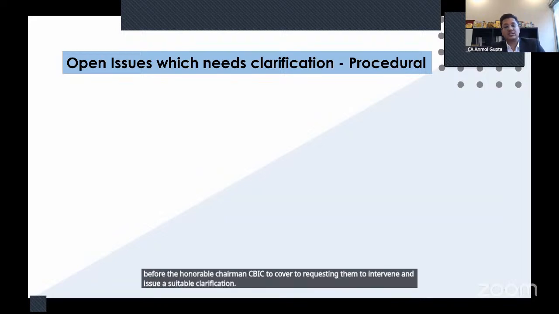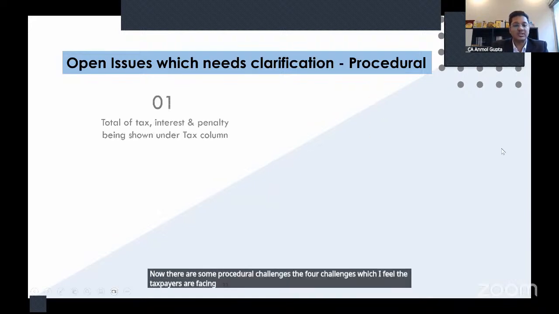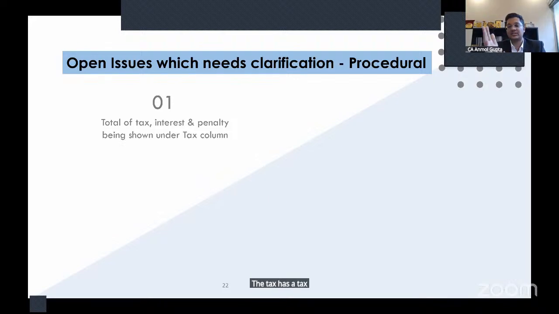Now there are some procedural challenges, four challenges which I feel the taxpayers are facing. First, while filing the application in table 2, the total of tax, interest and penalty is being shown under the tax column. While filing the application, there are three columns: tax, interest and penalty. Suppose the tax liability is 100 rupees, interest liability is 20 rupees and penalty is 10 rupees.